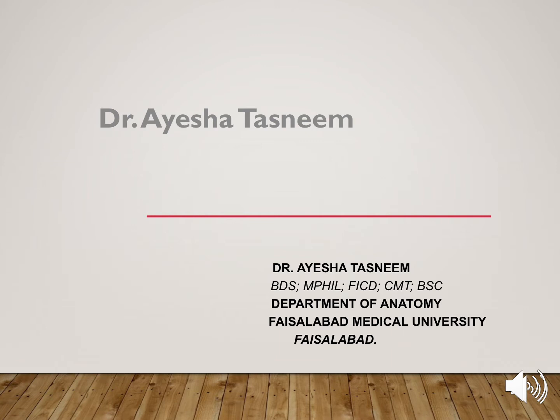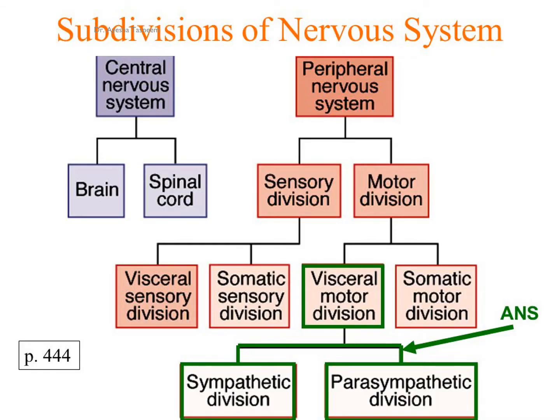This is my second lecture of nervous system, and this is the last lecture of nervous system. We were discussing subdivisions of nervous system. We have discussed peripheral nervous system, in which we have discussed sensory division and motor division in detail.